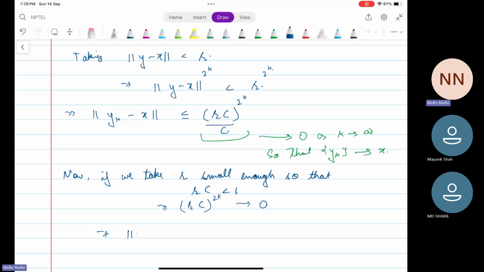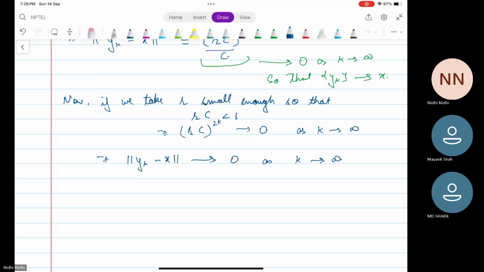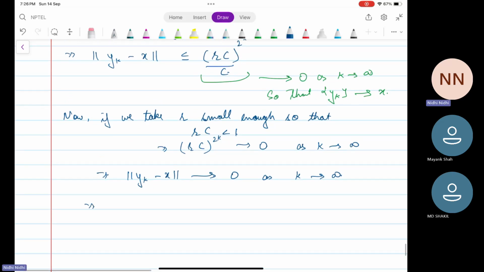And that will imply that the norm of yk minus x is going to 0 as k tends to infinity. So this implies yk converges to x, provided the norm of y minus x is less than r, where r is such that rc is strictly less than 1.